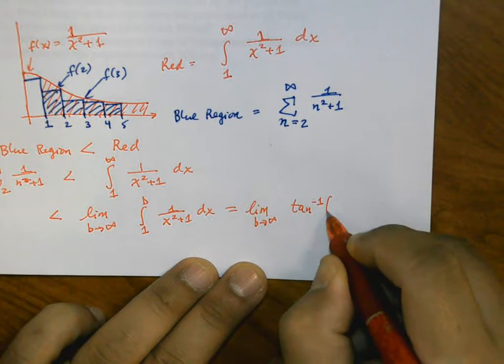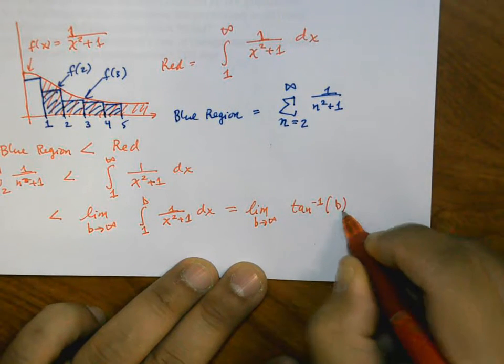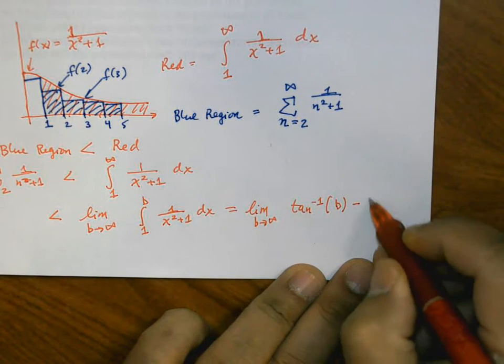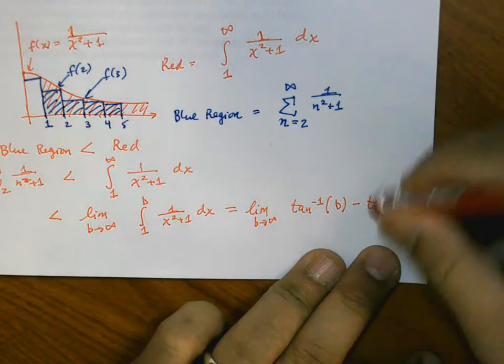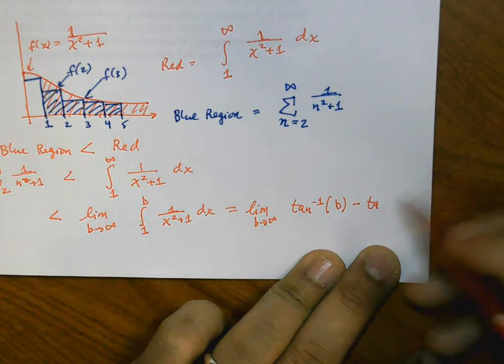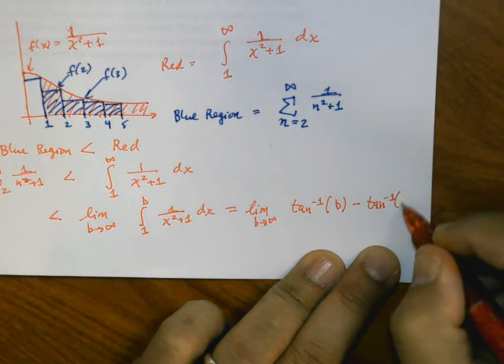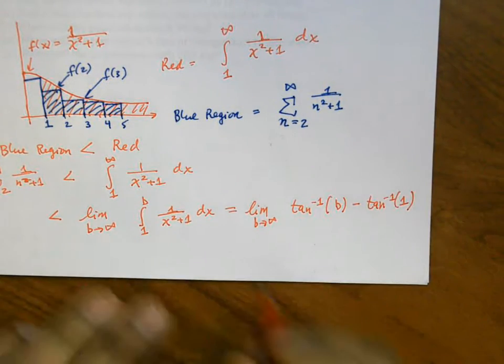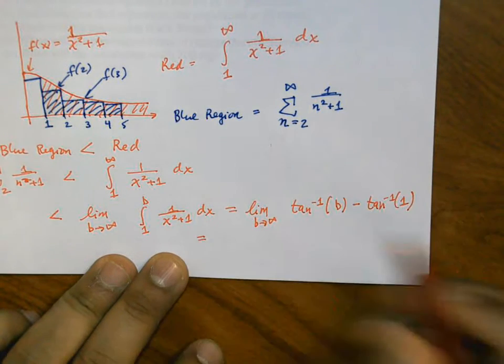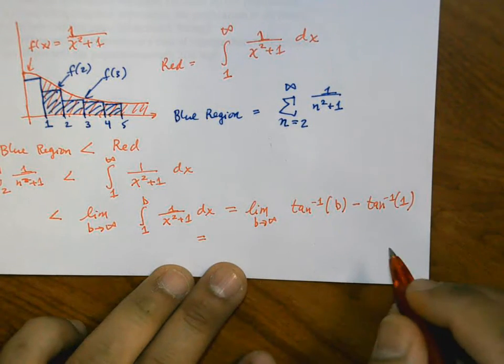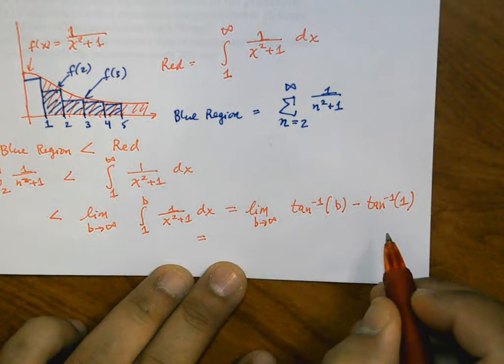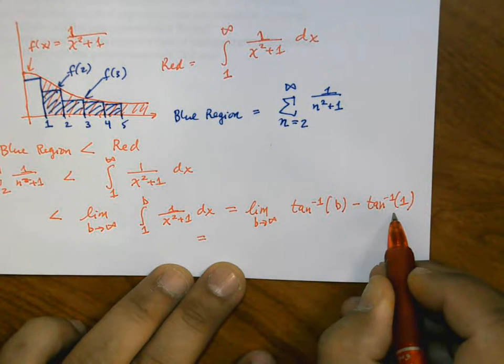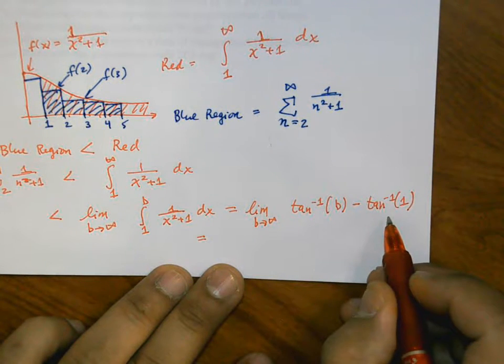So this is the tangent inverse of b minus the tangent inverse of 1, okay, which turns out to be, now first, the tangent inverse of 1 is just pi over 4.